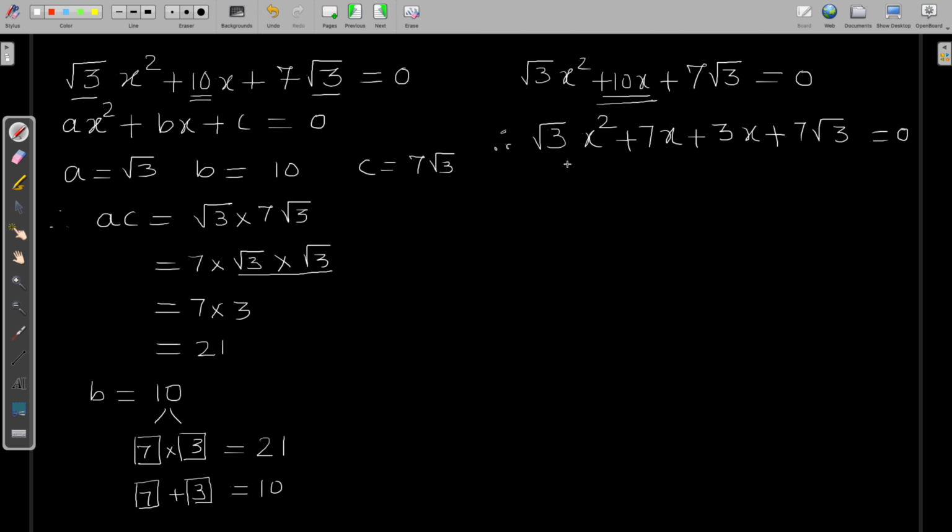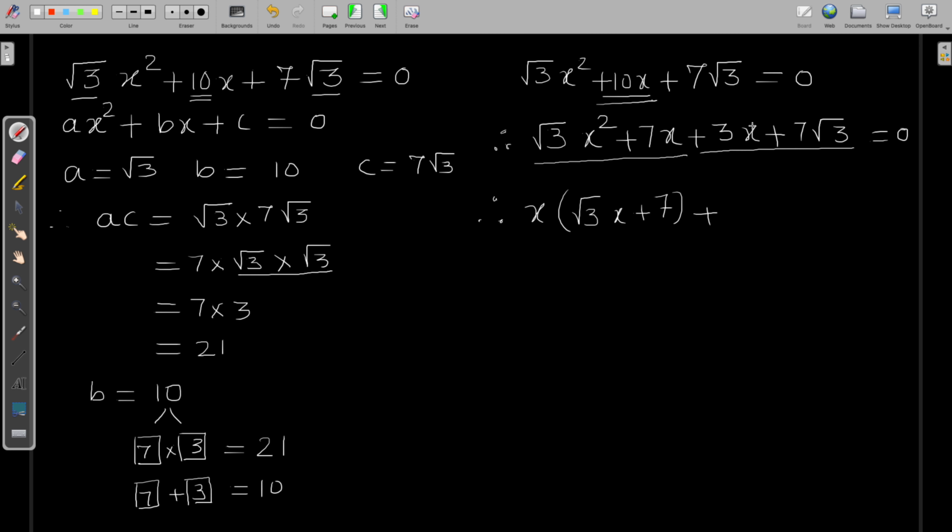Now we have 4 terms in place of 3, and that is what we require because we want to factorize by taking out common factors from the first 2 terms and the next 2 terms. From the first 2 terms, there is only one thing common, and that is x. What will be left behind is root 3 x plus plain 7.